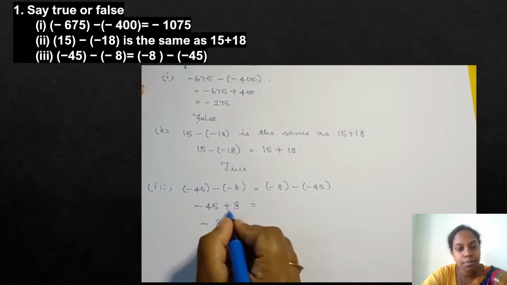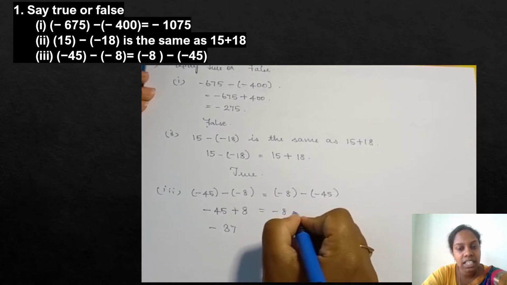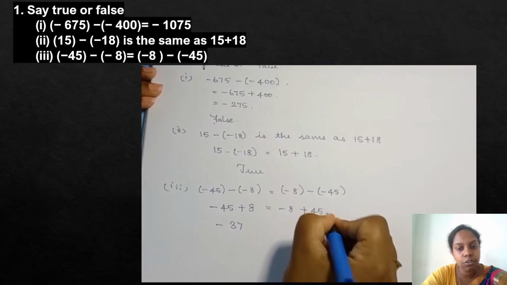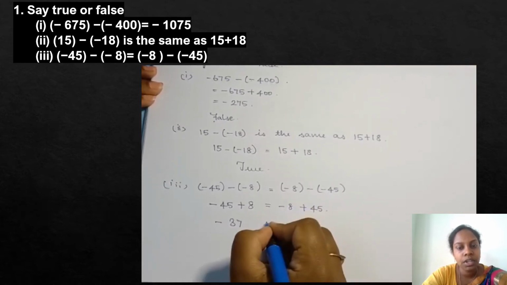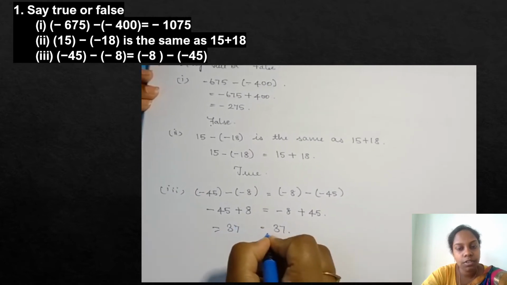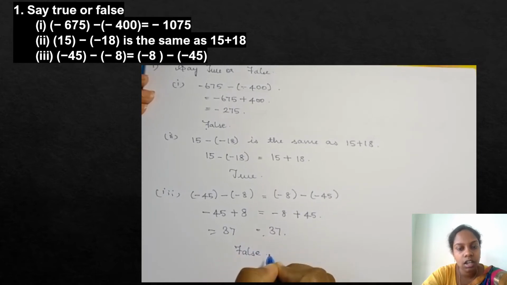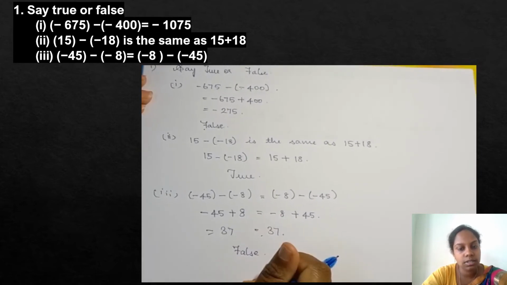Minus 45 plus 8 will give you minus 37. Now minus 8 minus into minus will give you plus 45. Now subtract it. Minus 8 plus 45 will give you just 37. So there is a lot of difference. So the statement is false.